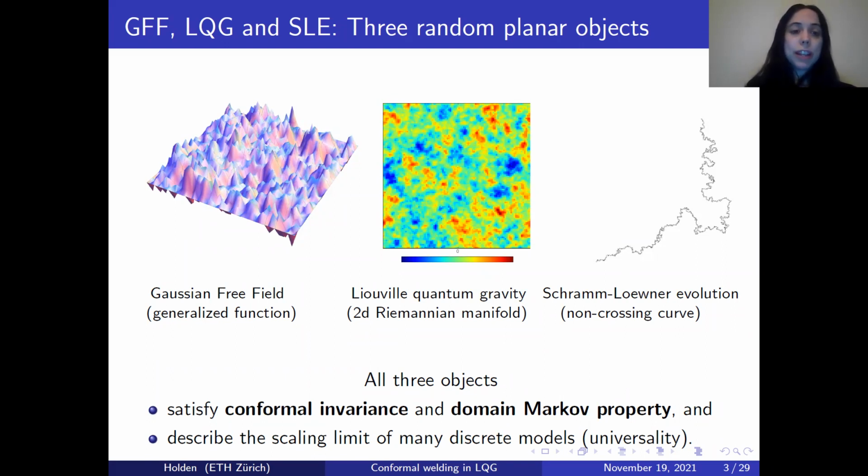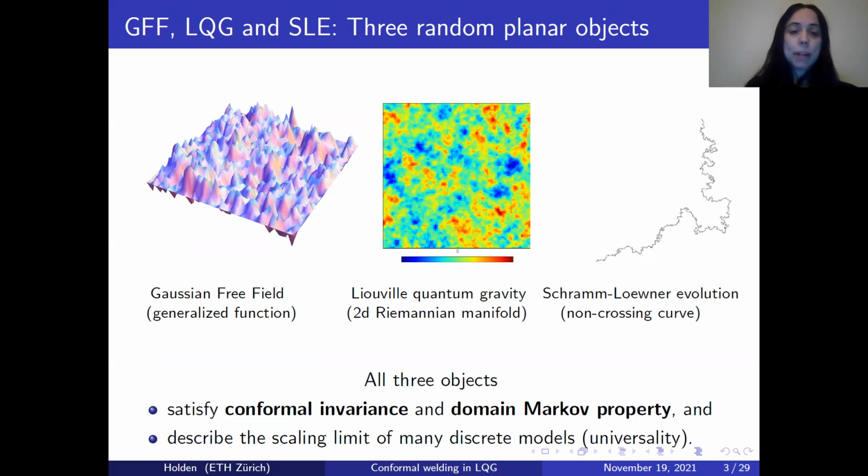The Gaussian free field is a random generalized function or distribution. Liouville quantum gravity can be viewed as a natural model for a 2D Riemannian manifold, while the Schramm-Loewner evolution is a random non-crossing curve in the plane. All three objects satisfy two natural properties that are known as conformal invariance and the domain Markov property. The precise definition of these properties will not play a very important role.